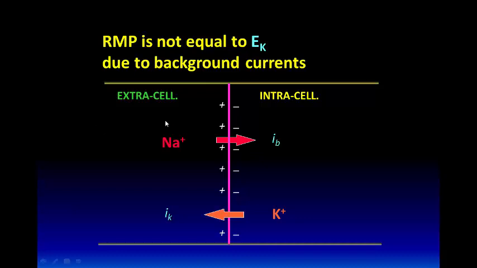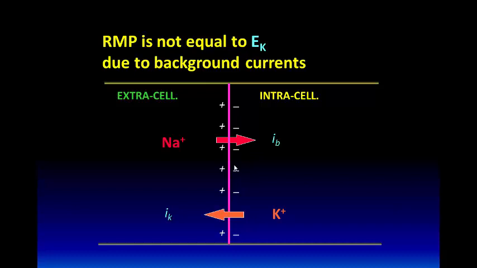And when sodium ions get in, carrying positive charges with them, this slightly lowers the negativity of the inner surface of the membrane. Thus, the resting membrane potential, which we measure experimentally using the galvanometer and the 2 microelectrodes, is slightly less negative than the equilibrium potential for potassium.